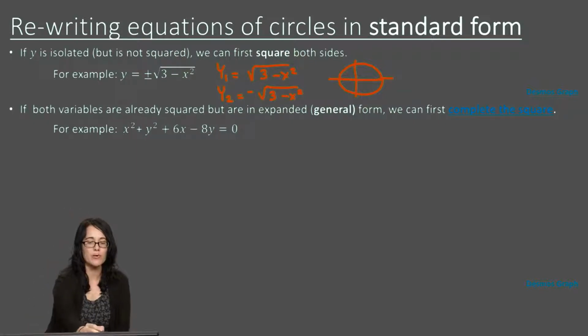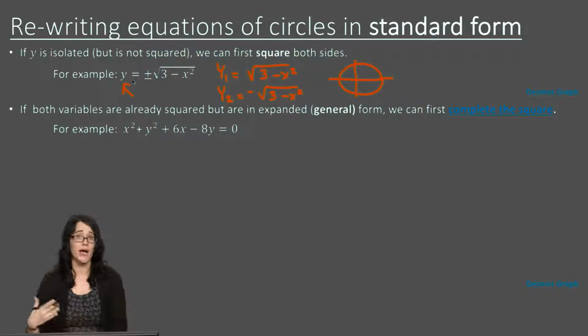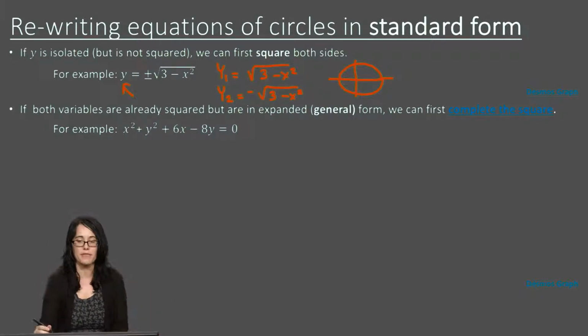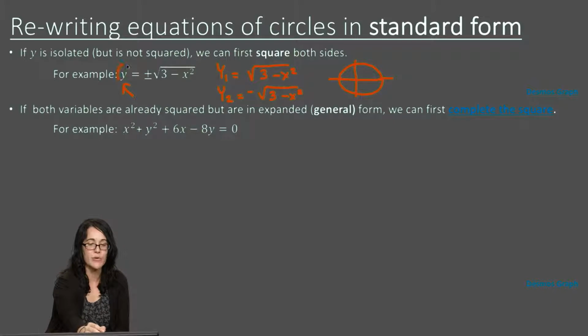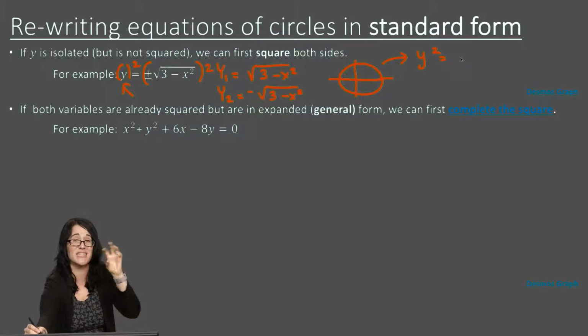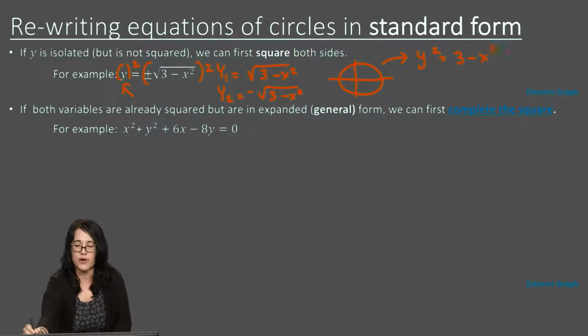Well, the pattern will always be y or y plus or minus a number on one side, a positive and negative square root on the other side, and then a number minus x squared. And that's what we have here. In fact, if I wanted to verify it, I could square both sides. Let's take a look. If you squared both sides, wouldn't you get that y squared equals a positive and a negative squared is just positive, and squaring the square root lifts the radical, so you just have 3 minus x squared.